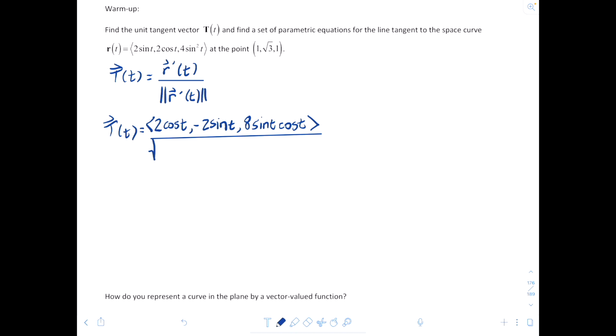So we'll have the square root of each of these squared. So what will that be? 4 cosine squared at t plus 4 sine squared at t plus 64 sine squared at t cosine squared at t.